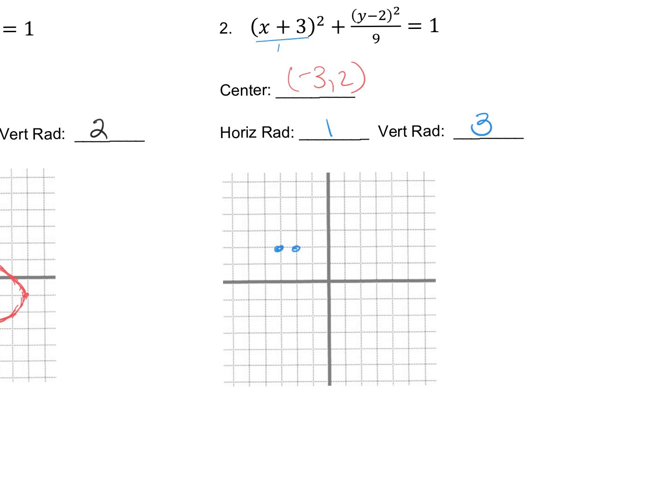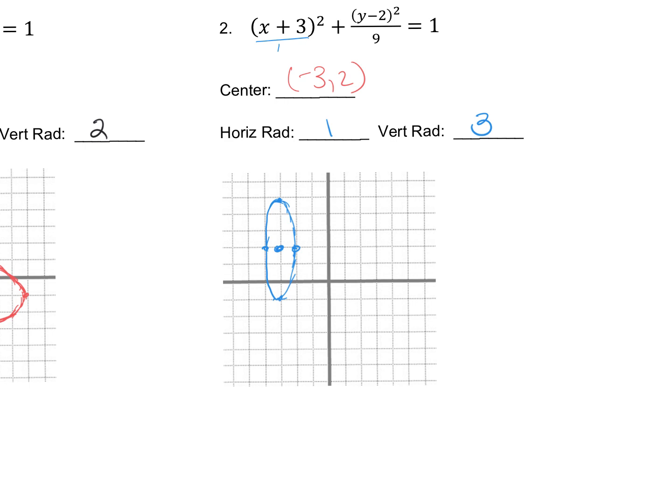So horizontal is only 1 this way, but the other one is going up 3. So again, drawing it. Okay. Everybody good on that? So that's straight from the standard form.